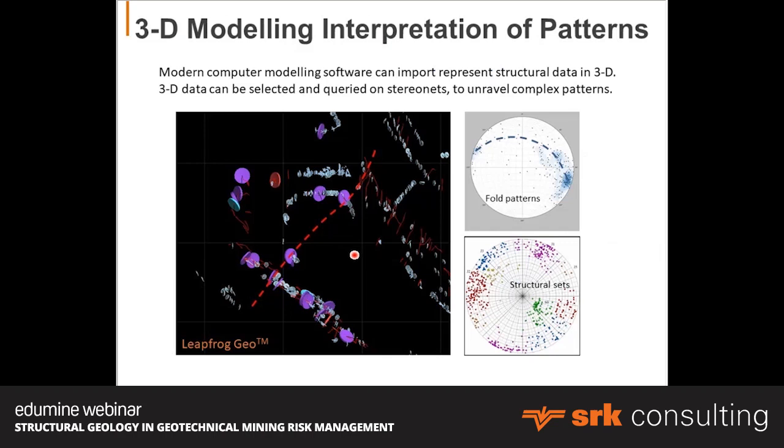And we can combine these with stereo nets. Certainly Leapfrog Geo, for example, allows you to select your data and query it immediately on stereo nets to see what sort of patterns are forming and how those different orientations of fault segments and structures can interact to form a system.